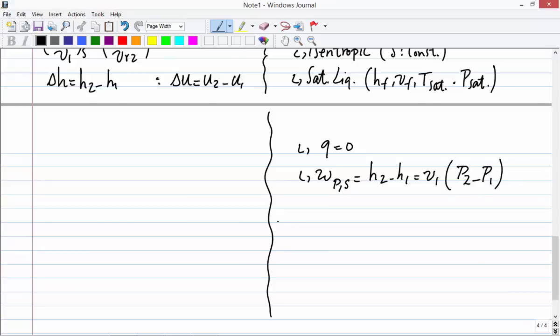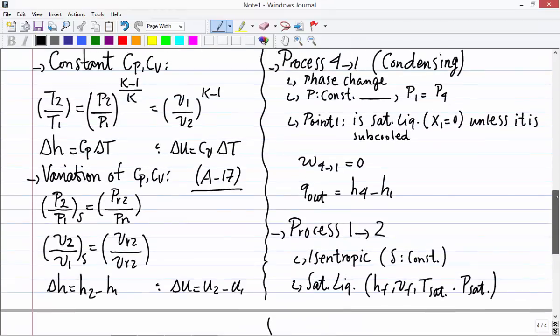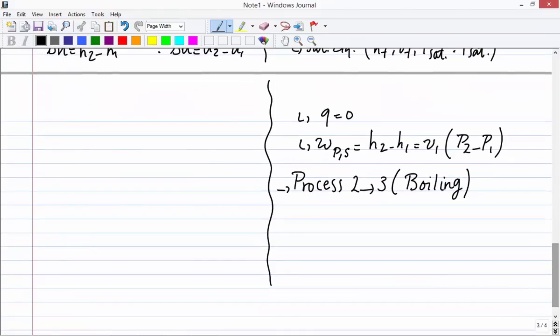And in the next process, which is from point 2 to point 3, that would be boiling. The previous one is in the pump. So condensing, pumping, then boiling, and the next one would be expansion in the turbine.